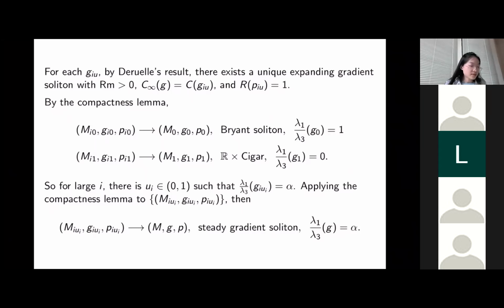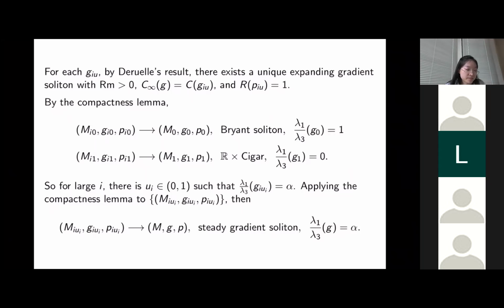Okay, so now this theorem has given us a lot of non-rotationally symmetric static gradient solitons with positive curvature operator. So they can be constructed for any dimension n greater than or equal to 3.